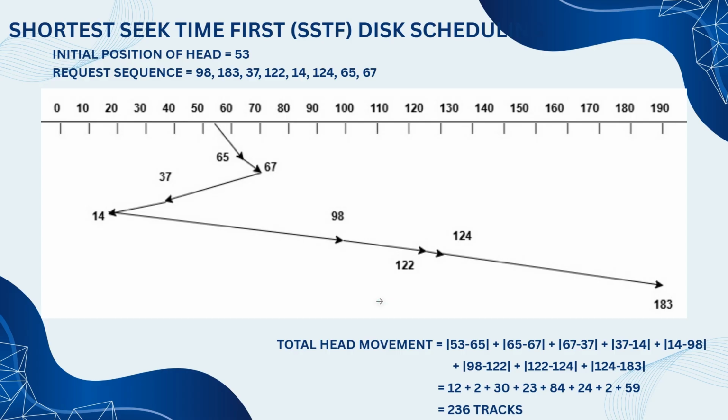Then the second type of algorithm, SSTF, shortest seek time first disk scheduling algorithm. In this algorithm, it selects the request that is closest to the current position of the disk head, which means the request with the shortest seek time will be served first, and this algorithm does not depend on the order of arrival of requests. Compared to FCFS, the total head movement of SSTF is significantly lower.